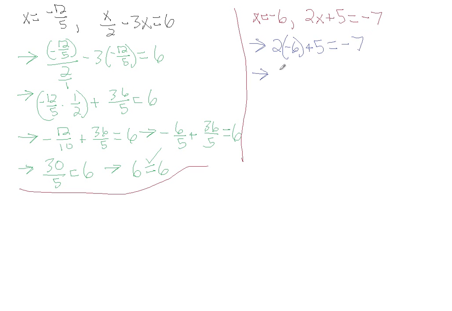Positive 2 times a negative 6 is a negative 12, plus 5 equals minus 7. And minus 12 plus 5 is a minus 7, and we have minus 7 on the other side, which means our answer checks out, and this is the valid solution for our given equation.